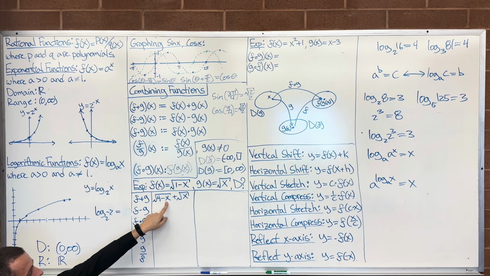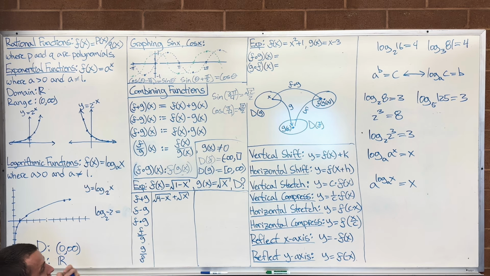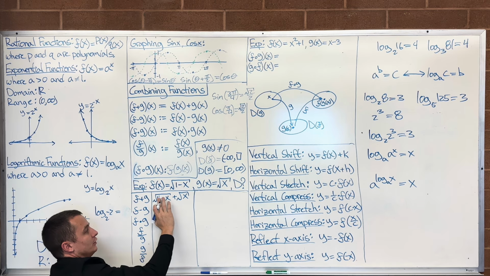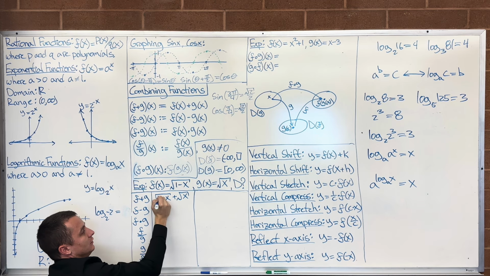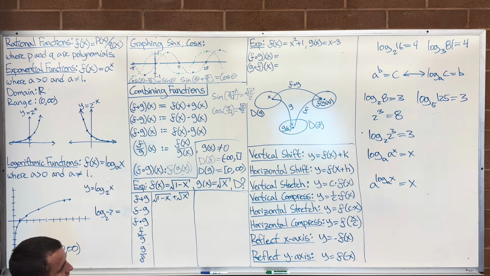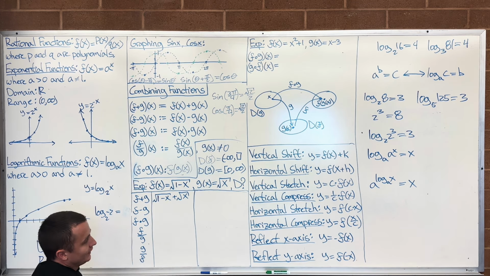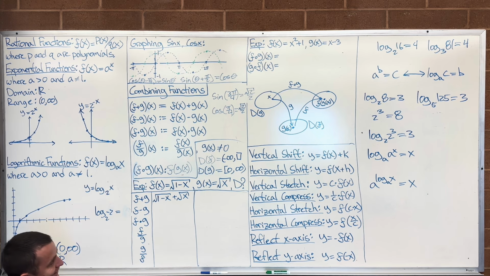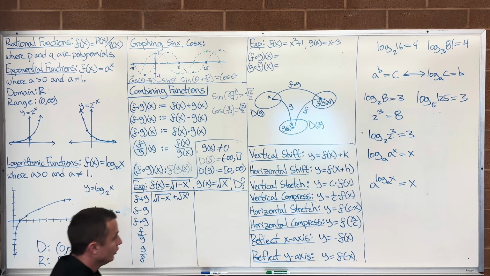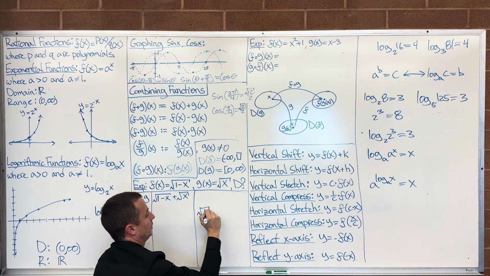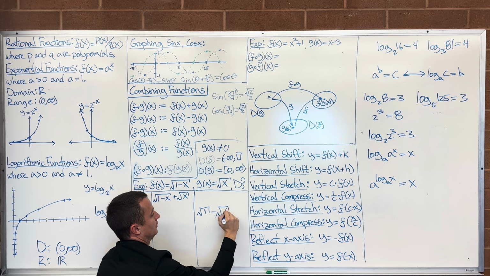Unless we do ugly numbers here, it's going to behave nicely. But no, you just can't cancel out those x's. Is the square root of 1 minus x the same as the square root of 1 minus the square root of x? No, it's not. So this is not the same thing as the square root of 1 minus the square root of x.